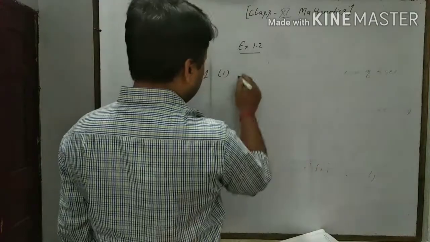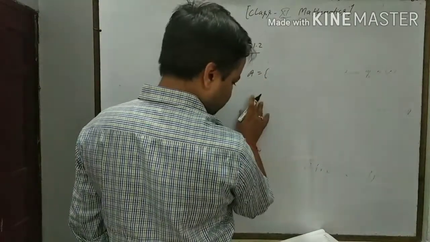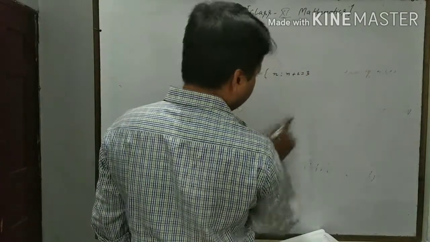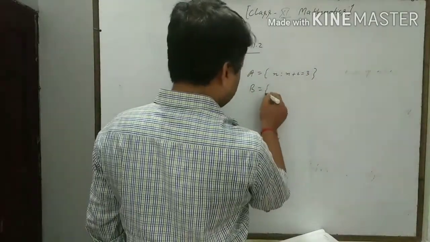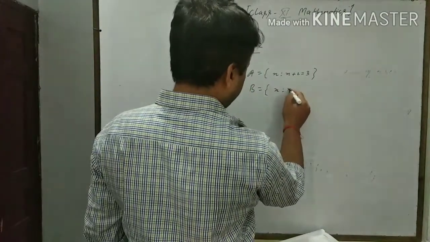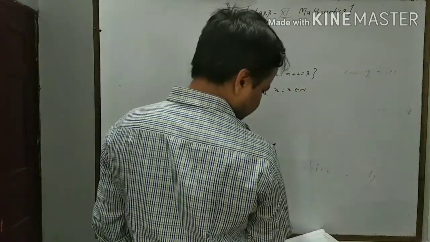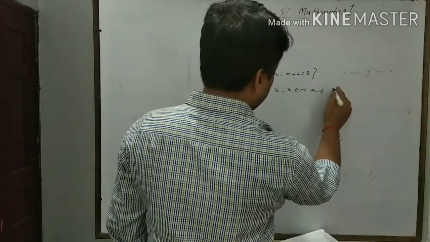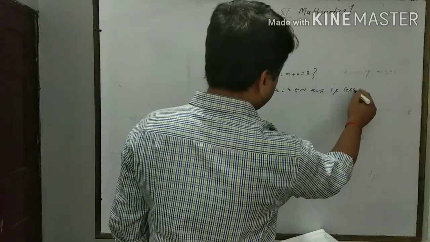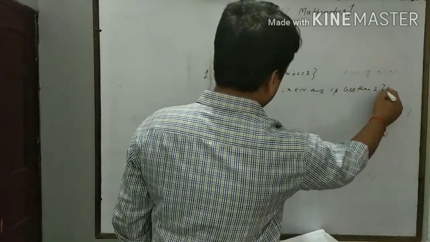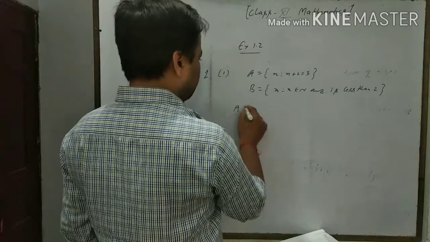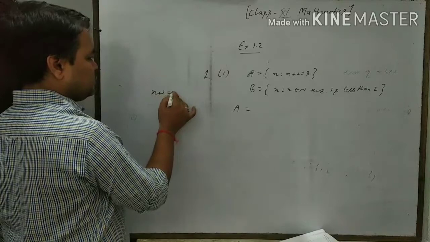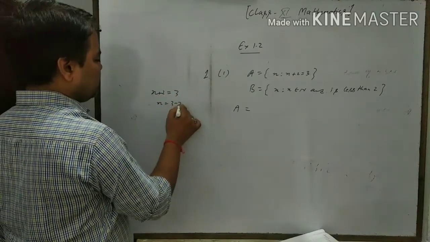Here A is equal to {x such that x + 2 = 3}, and B is {x such that x belongs to N and x is less than 2}. So here, according to this definition, what is A? Here x + 2 = 3, then x = 3 - 2, that is 1.